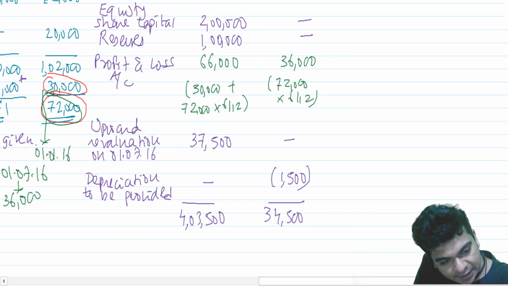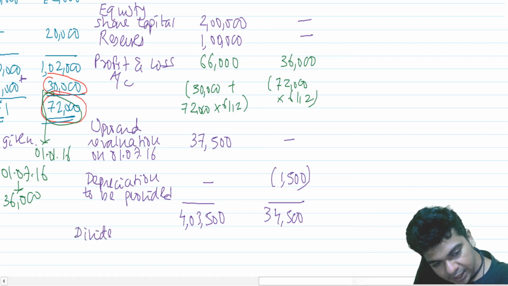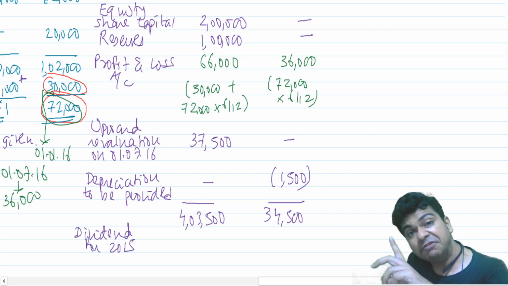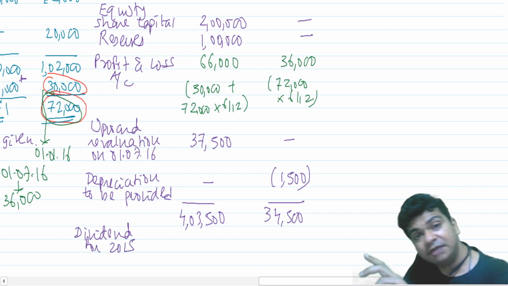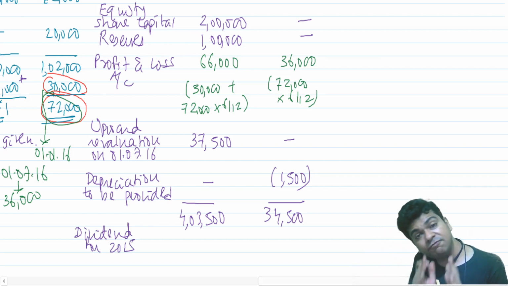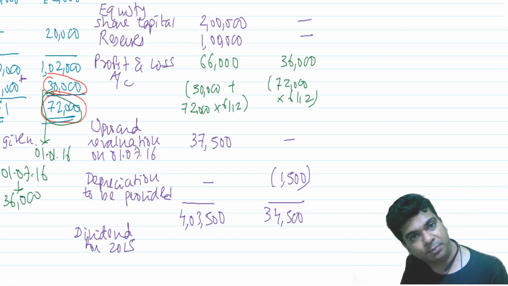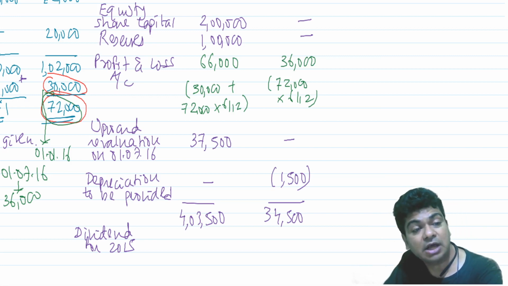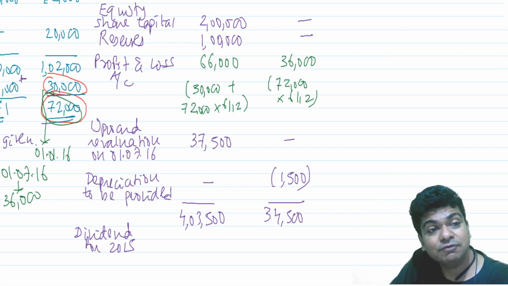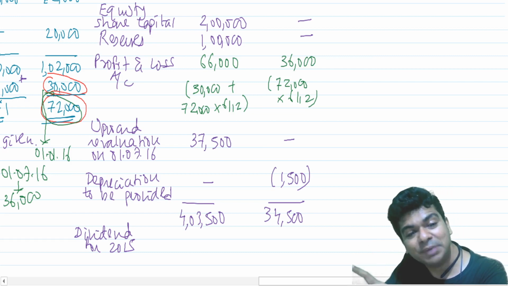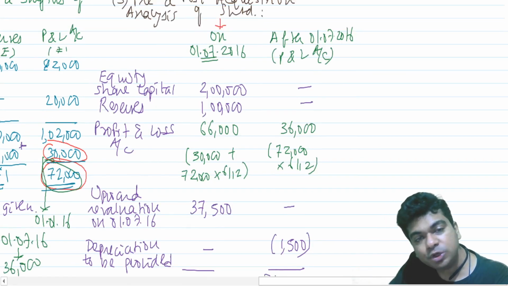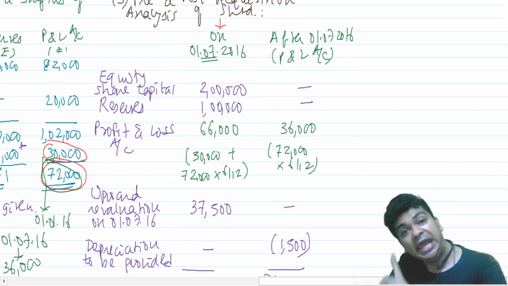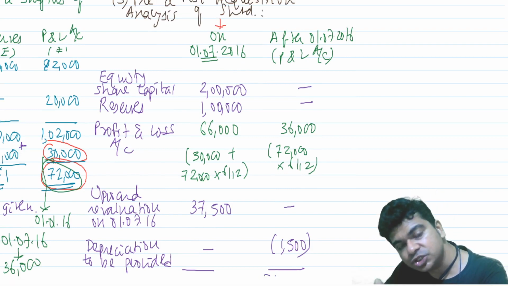So we say here dividend, okay, dividend for 2015. We know that the subsidiary has paid a dividend of 20,000 rupees. And we know that the dividend is for 2015. Dividend is for pre-acquisition period. This first column that you are having, 1st July 2016, it is keeping a track of pre-acquisition, right?